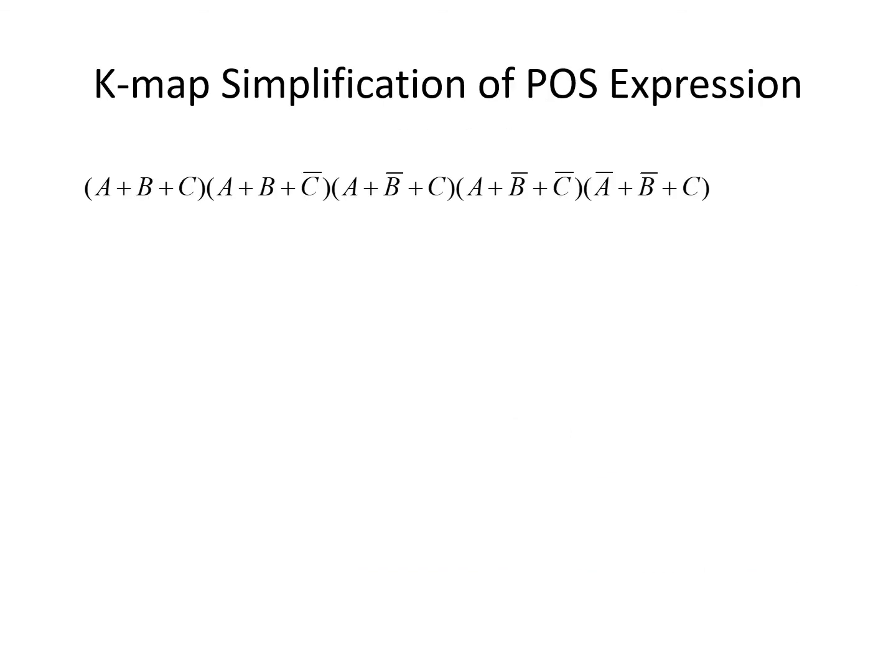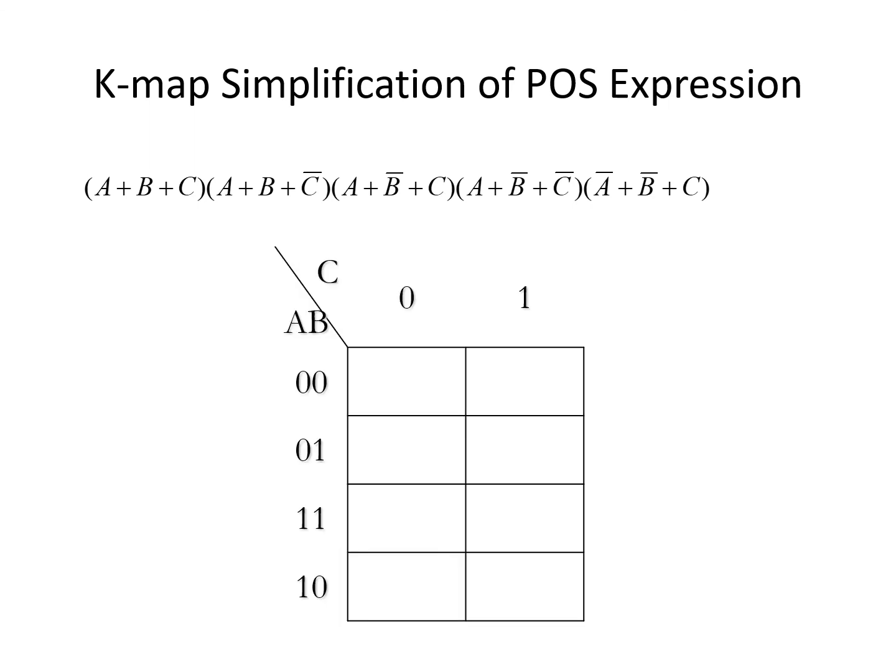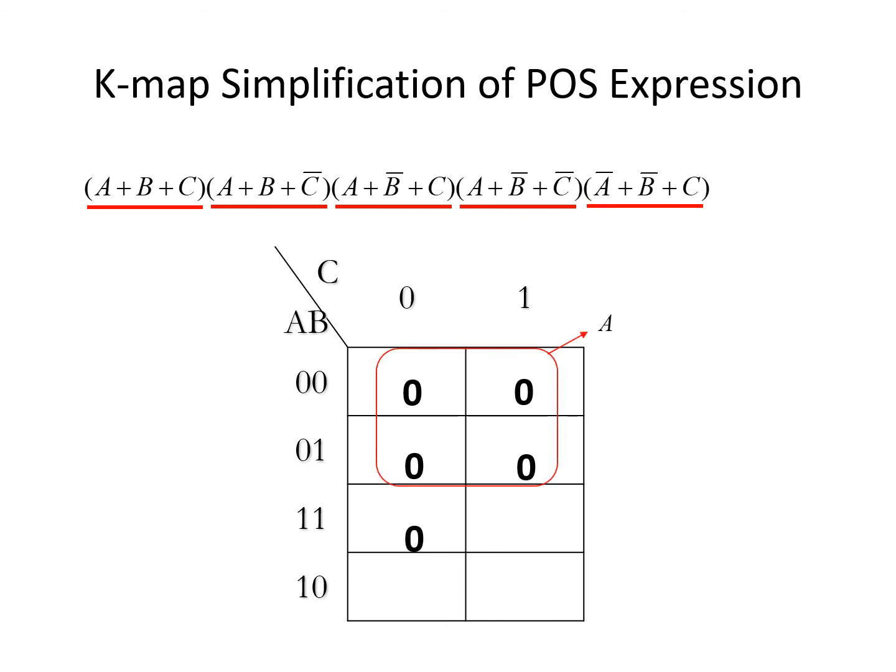Now consider the K-map simplification of the POS expression. Here you could see that it is in standard form, so you could have the corresponding zeros occurring wherever this expression comes. So these are the zeros. Now we group the zeros, and the rules are similar to the grouping of ones.